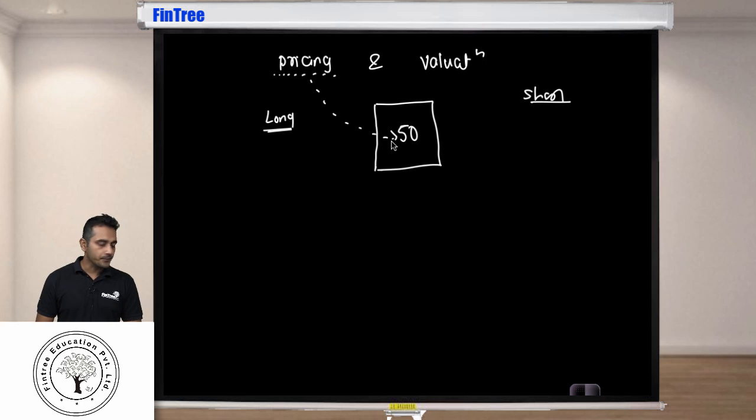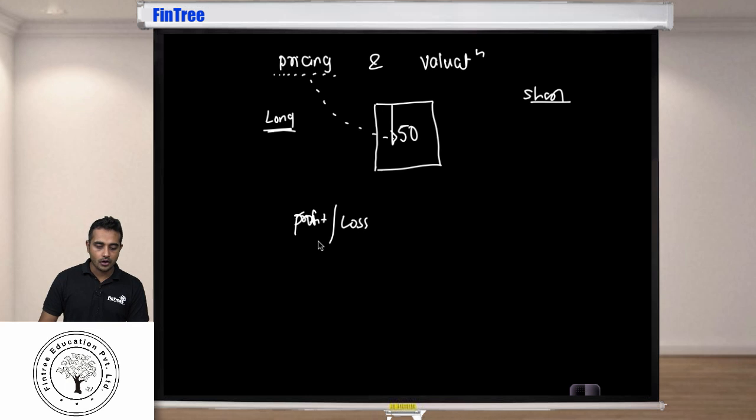Now imagine the parties sign the contract, and the next day the underlying asset value changes. The moment the underlying asset value changes, one of the parties will have a profit, the other party will have a loss.